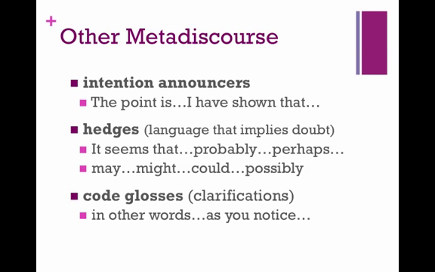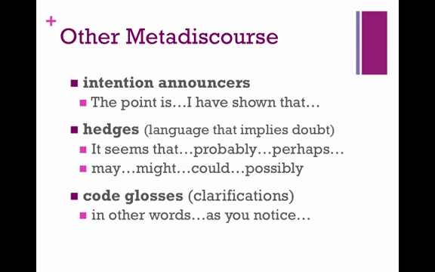Now, you may have been told to avoid this kind of metadiscourse because it makes you seem less certain. What do you think about that? Are there circumstances in which you really do have doubt? You want to say probably. This could be the case. Well, probably that could happen.